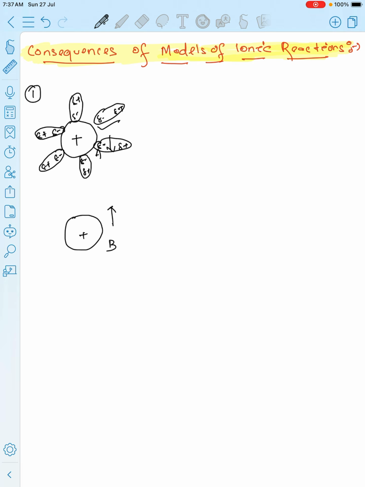So we can consider that the number of solvent molecules associated with this A ion is equivalent to the number associated with the B ion, because the number of charges is the same and the nature of the charge is also the same. So if I say 1 2 3 4 5 6 solvent molecules are associated with this A ion, then the similar structure would be there, and here also the same number of solvent molecules will be associated with the ion.